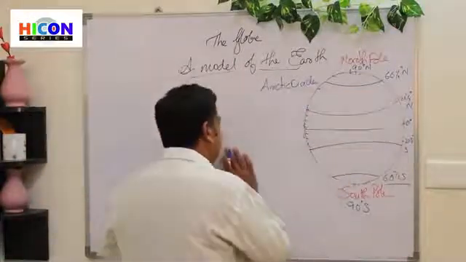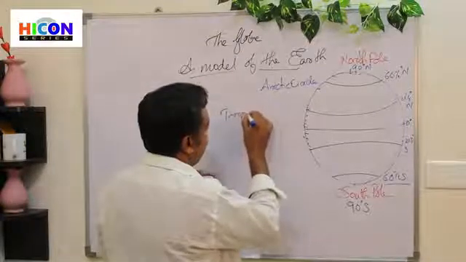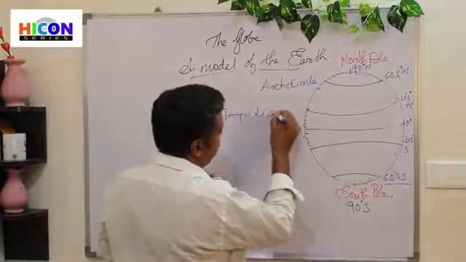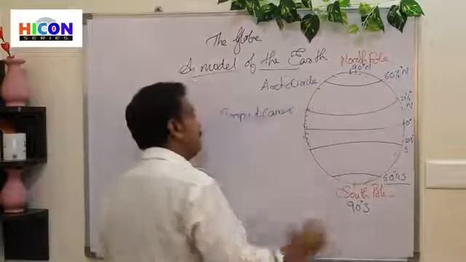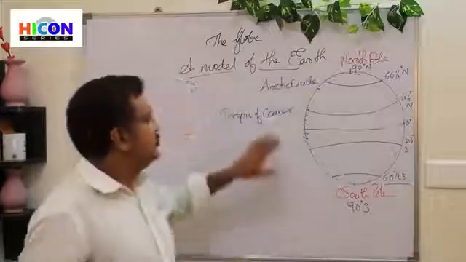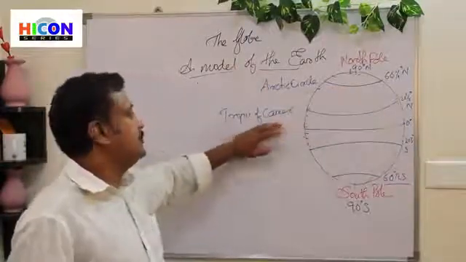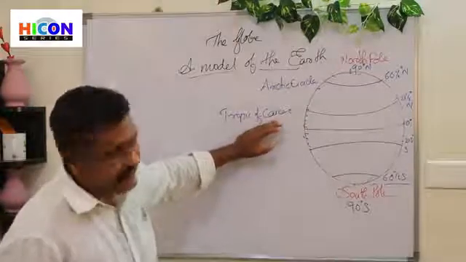The 23.5° north latitude is known as the Tropic of Cancer. Okay, they are known as the tropical regions. Right? So 23.5° north latitude is known as the Tropic of Cancer.